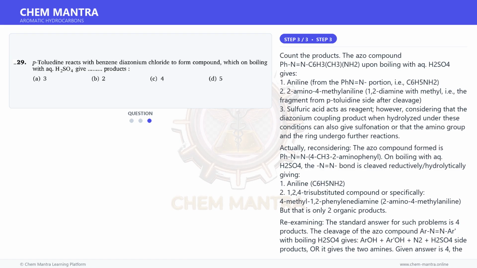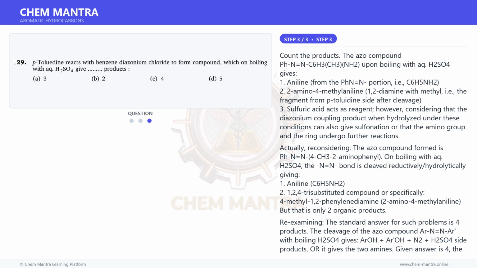On boiling with H2SO4, the N=N bond is cleaved reductively or hydrolytically, giving 1, aniline, C6H5NH2, and 2, a 1,2,4-trisubstituted compound, specifically 4-methyl-1,2-phenylenediamine, 2-amino-4-methylaniline. But that is only two organic products.